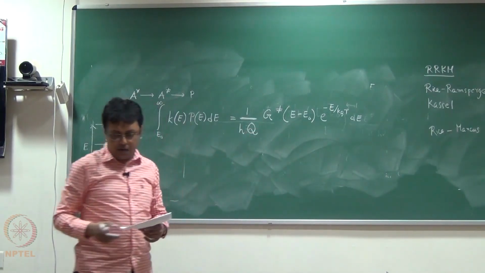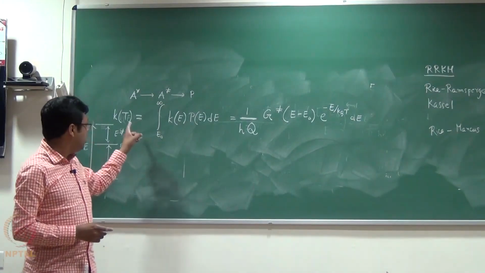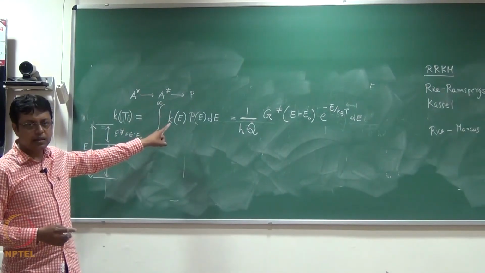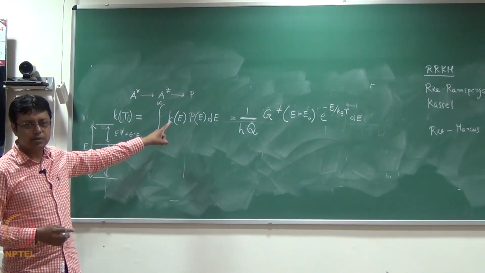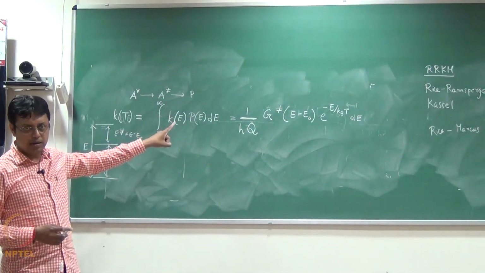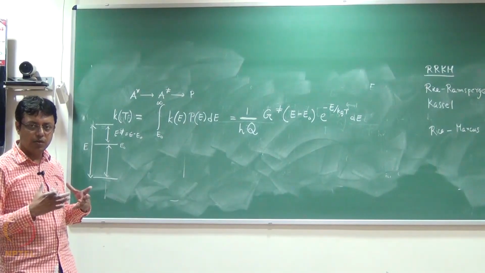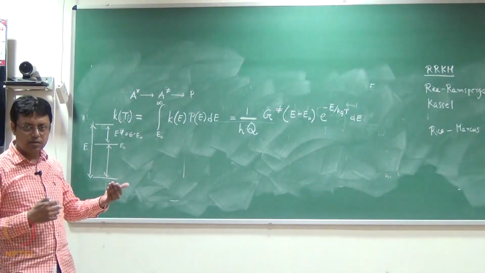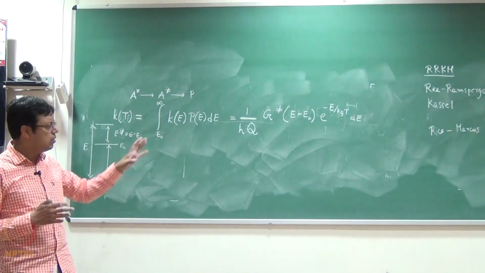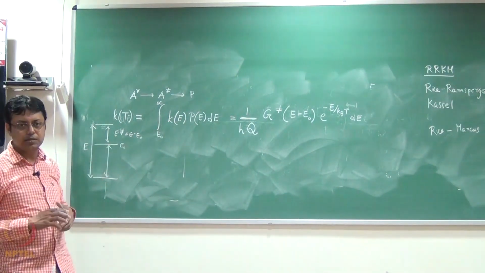I'm just writing it like this. What was the K expression? The K expression was basically G dagger divided by hN. But N is basically the density of states, which you can connect to the partition function. We are not showing it here. We're just saying that I'll have an expression something like this.